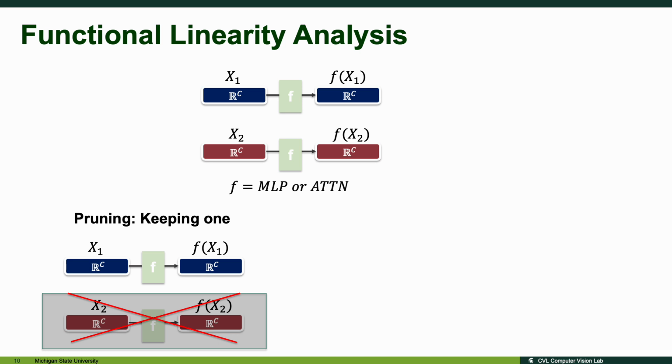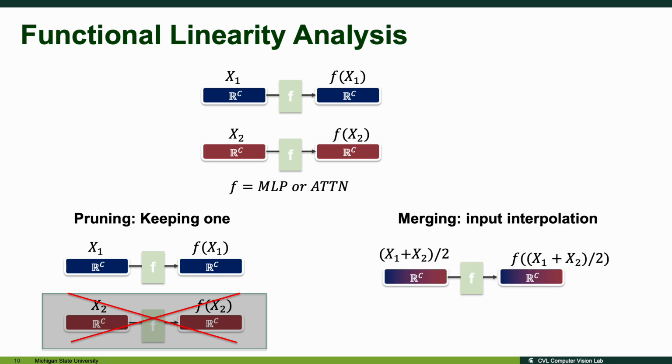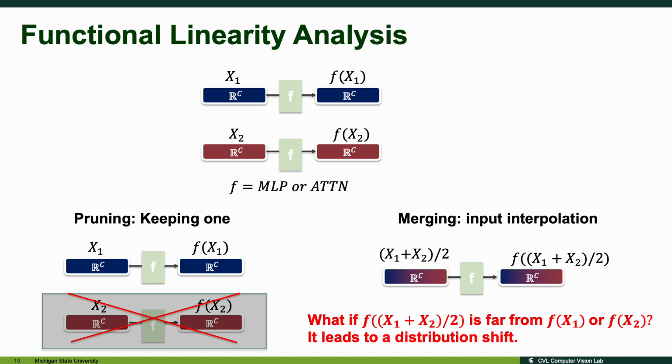In the case of pruning, when we remove x2, we are essentially discarding f of x2 as well. However, for merging, when we combine x1 and x2, the average token becomes the input for the nonlinear function f. A critical question arises: what if f of the average significantly deviates from the f value of each individual x? This could potentially lead to a shift in the distribution.